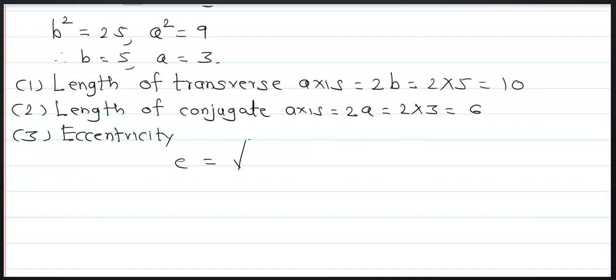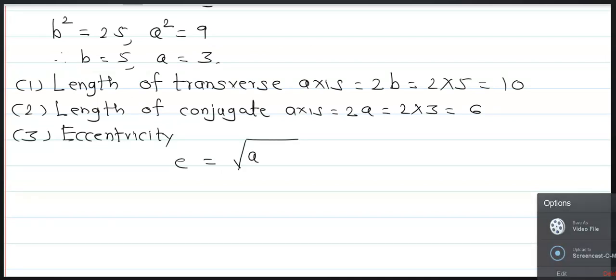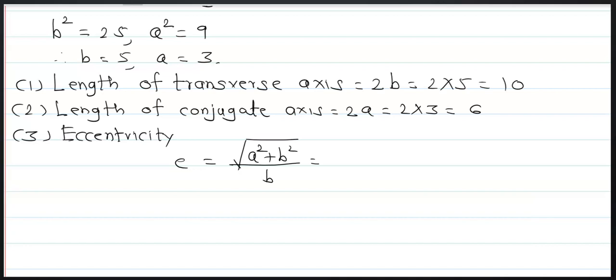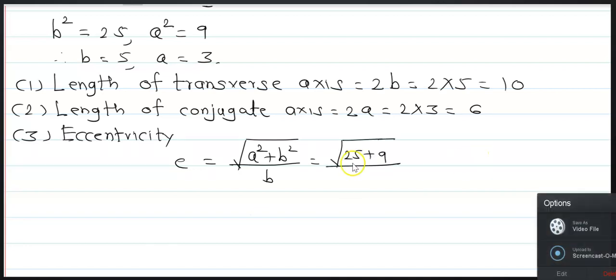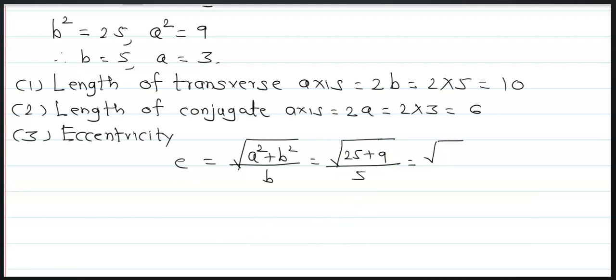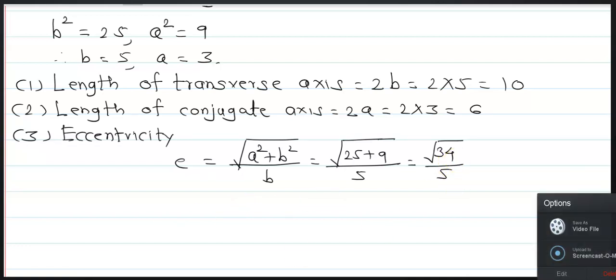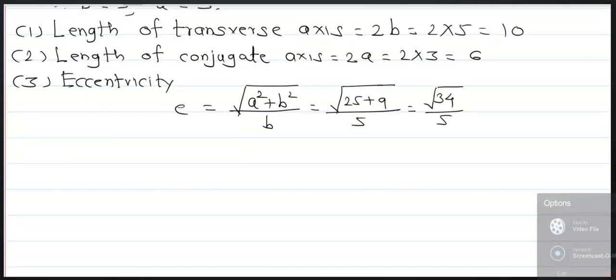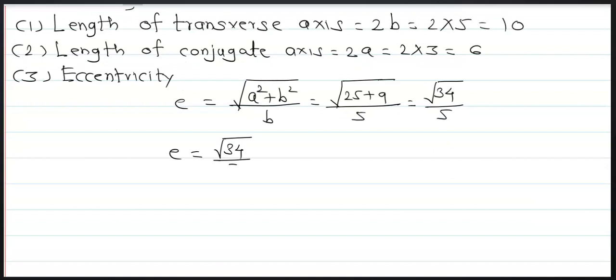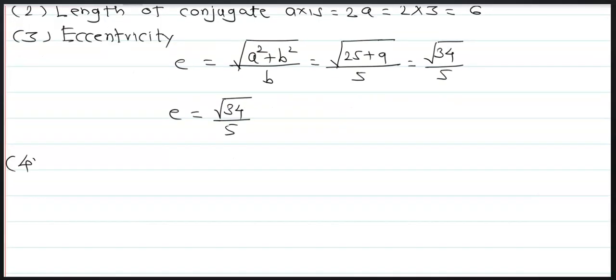Eccentricity, e is equal to root of a square plus b square upon b. Therefore, 25 plus 9 upon 5, that is root of 34 upon 5. e is equal to root of 34 upon 5.